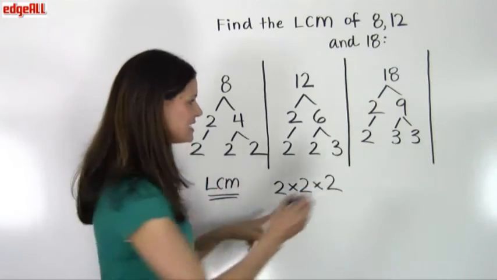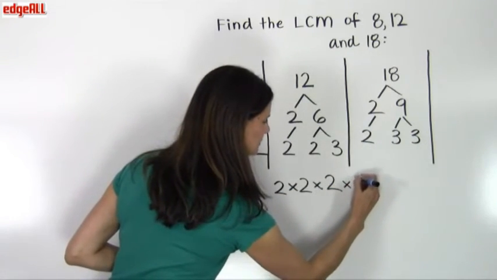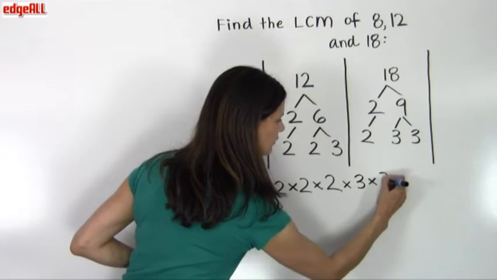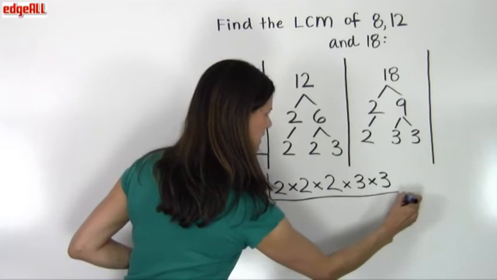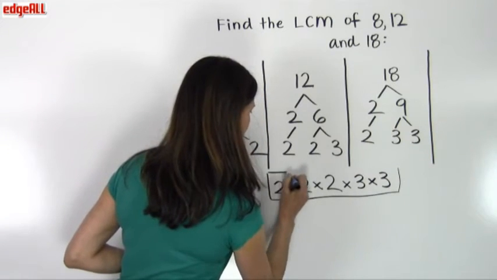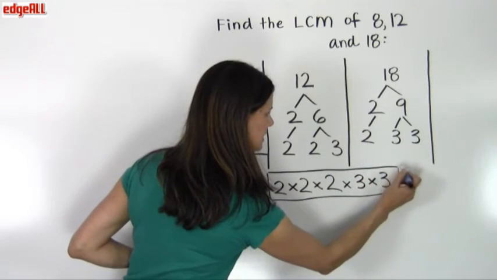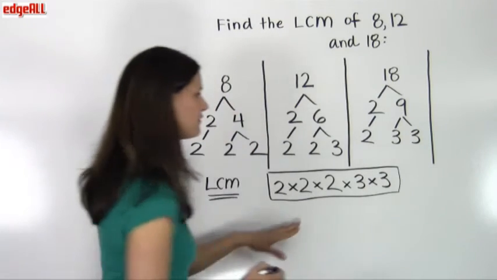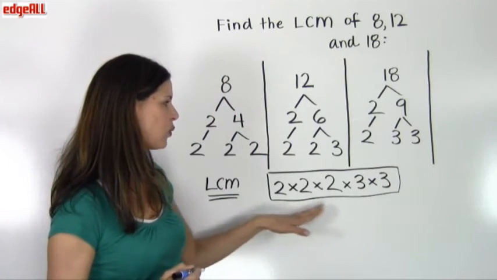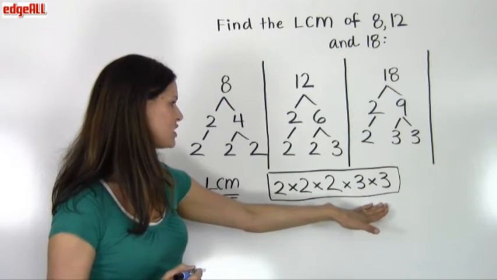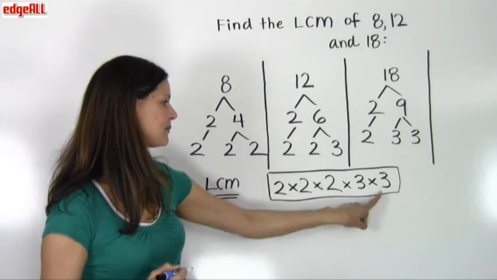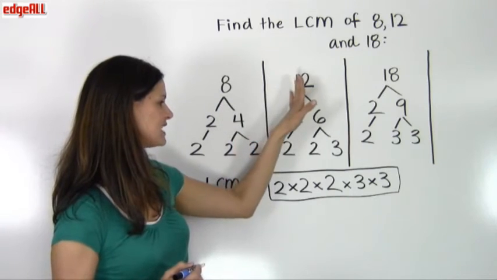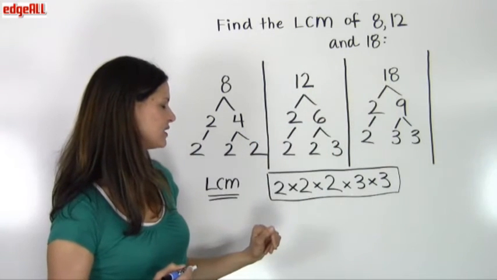So now we bring these 2 3's over, and this is our combination of prime factors that we've put into one set by using each of the prime factors the greatest number of times that it appears in any of our numbers.